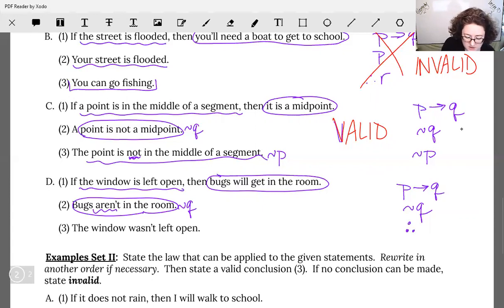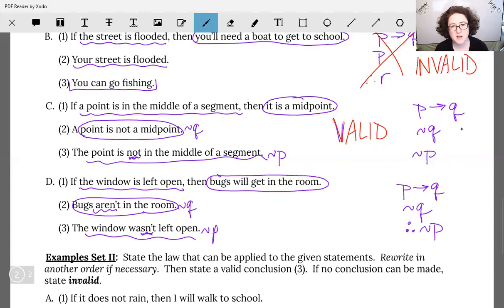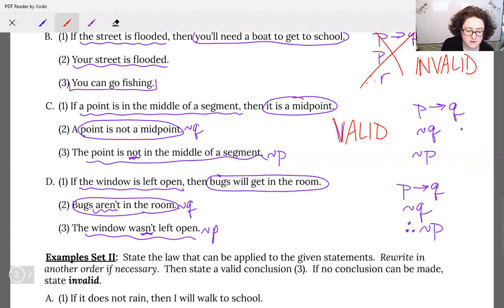So with the "wasn't," that is definitely a not P. And it's yet another one that follows that law of contrapositive pattern. So this one is indeed valid. Okay, so again, pause if you need to rewatch the section before we go on to the next one.